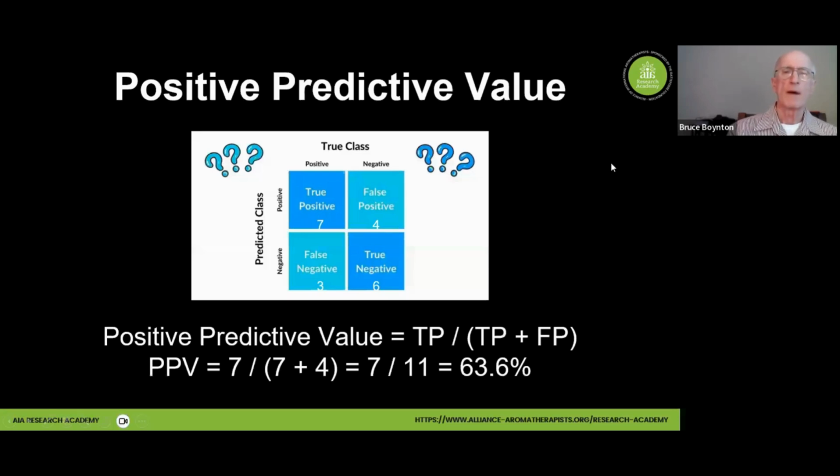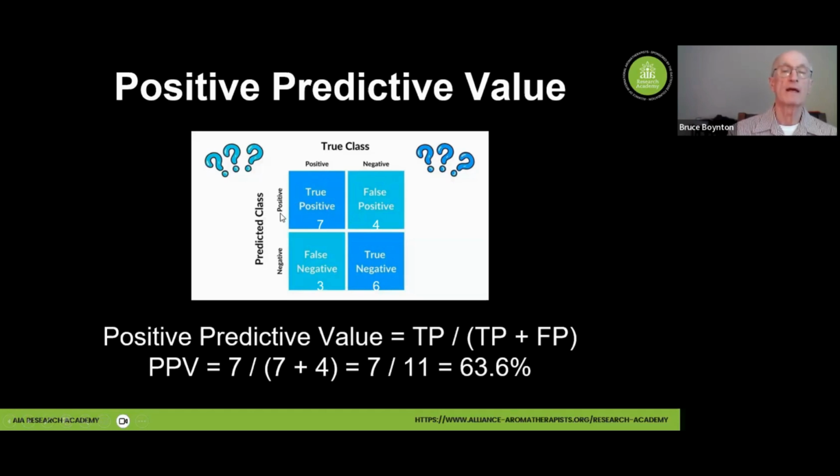Okay, now remember when we calculated sensitivity, the ability to pick up true positives, we worked in this column. And when we investigated specificity, the ability of the test to pick up true negatives, we worked in this column. So to figure out positive predictive value, we work in this row.